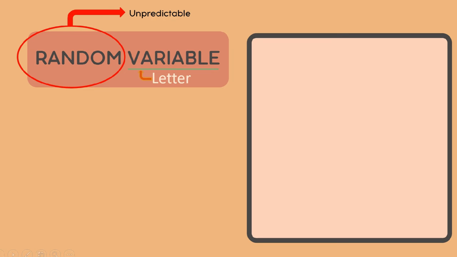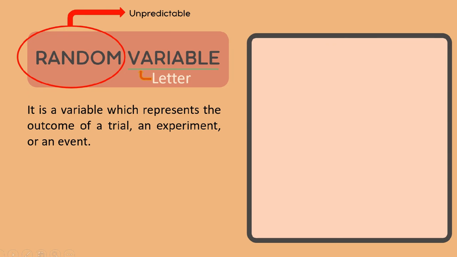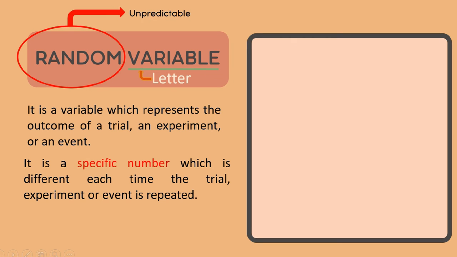Okay? So hence a random variable is a letter which represents the outcome of a trial, an experiment, or an event. Or it is a specific number which is different each time the trial, experiment, or event is repeated.